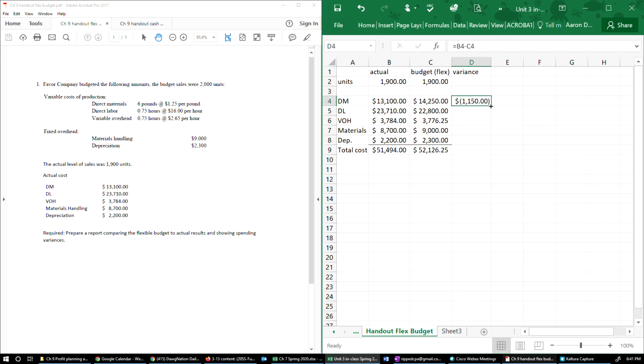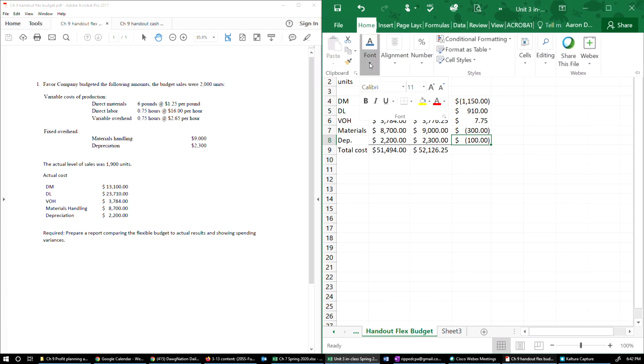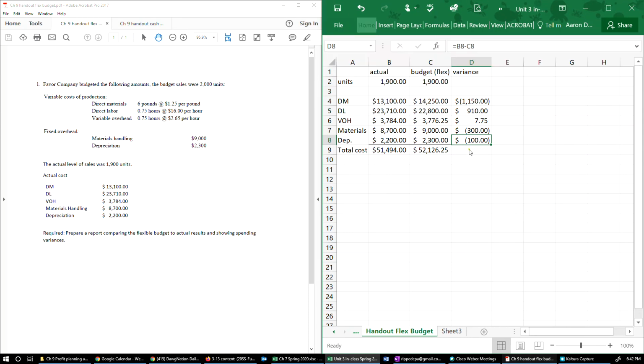And here, negative numbers are favorable. If you're dealing with cost, it flips if you have a revenue. Some of the problems do have revenues in them, but if you're just dealing with cost, negative numbers are favorable variances, and positive numbers are unfavorable variances.